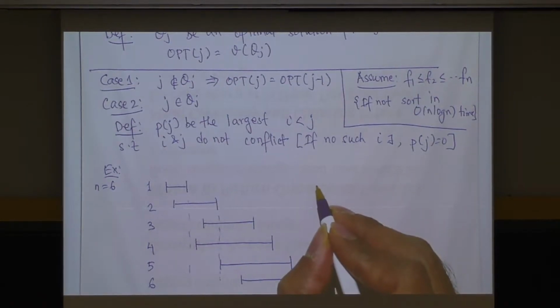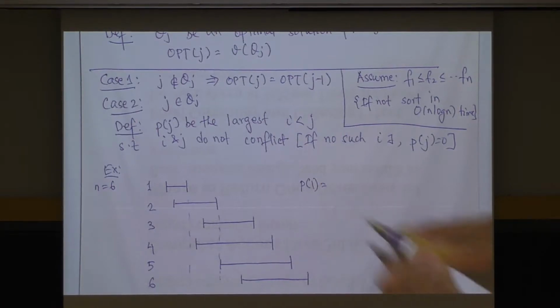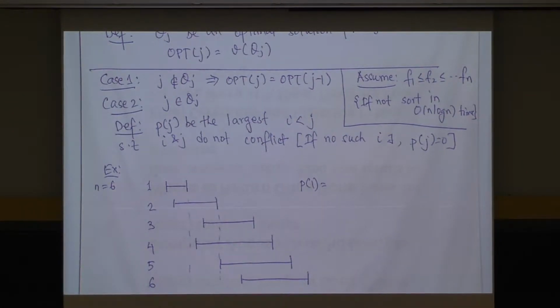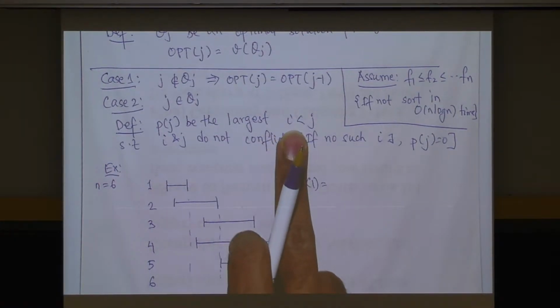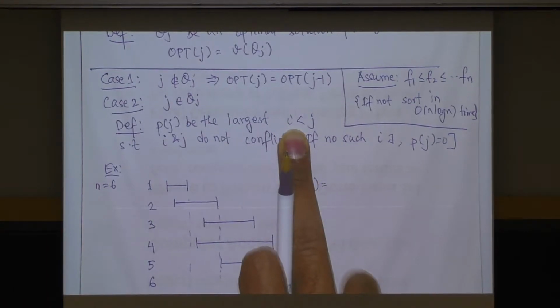Okay. All right, so what is p of 1? No, you need to find the largest i that's strictly smaller than j. It's nothing.